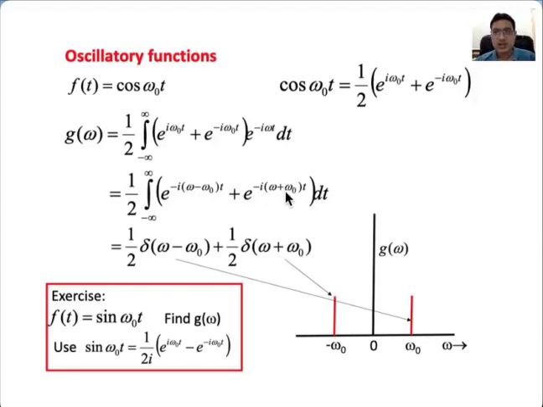So what it means is that if you look in a graphical way at this function g of omega in frequency domain, the function is peaked or non-zero at minus omega naught and plus omega naught and 0 elsewhere.